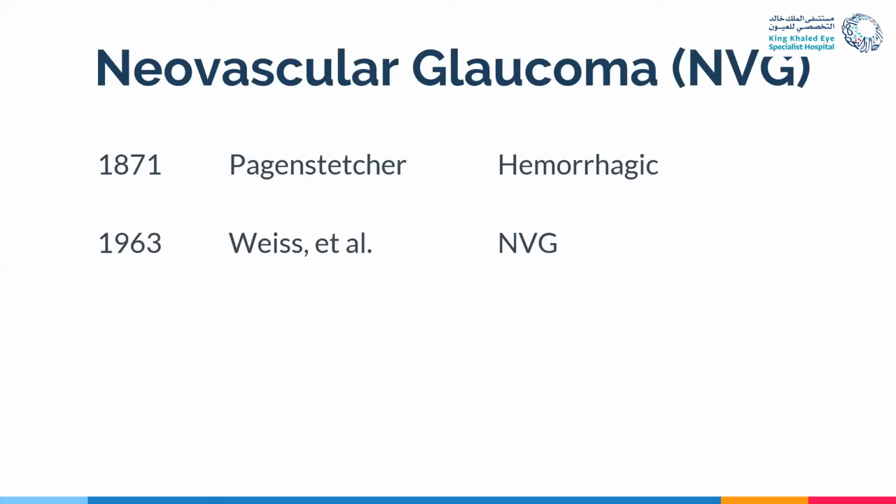So they gave it the name neovascular glaucoma, putting more emphasis on the real problem, which is the membrane, rather than the bleeding, which is infrequently encountered. We are not always seeing bleeding in NVG. It's not always that we see blood in the anterior chamber. Schaefer and West were trying to explain why there is elevation of intraocular pressure in patients with ischemic retina or new vessels in the iris.